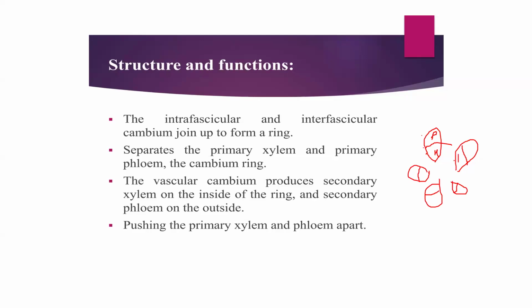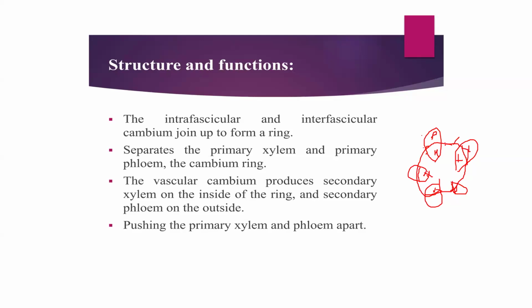Here is xylem and here is phloem, and in between is the intravascular cambium. During secondary growth, the parenchymatic cells present in between become meristematic and act as the intervascular cambium. Together they form a ring-like structure called the cambial ring.